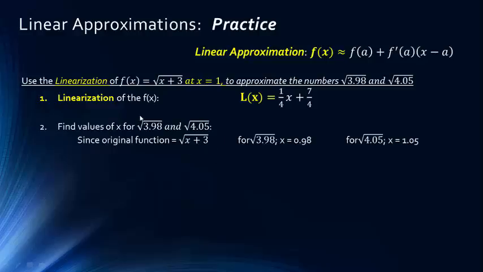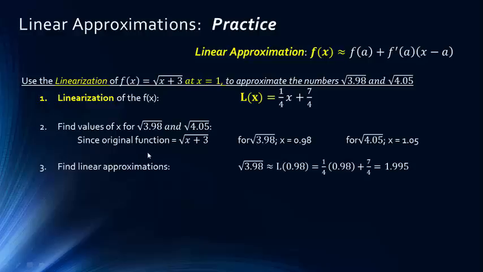If we set them equal and solve, we get x equals 0.98. The same with 4.05. We get x plus 3 equals 4.05. So in that example, x would equal 1.05. And it's important to find those inputs because we're going to need them to approximate the y value.